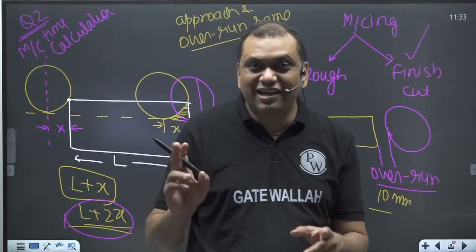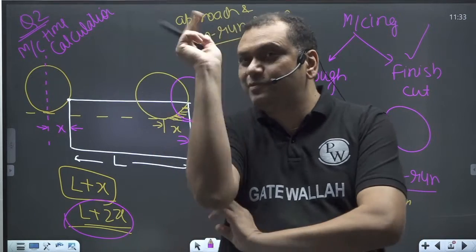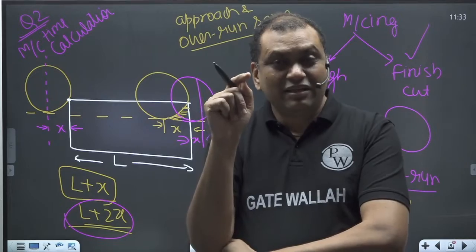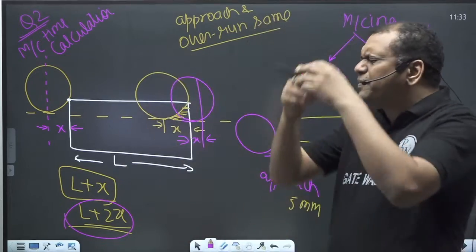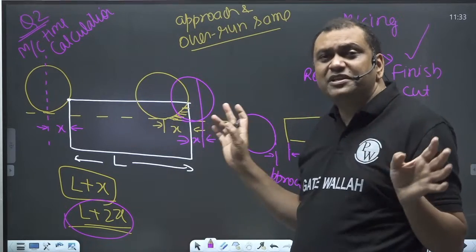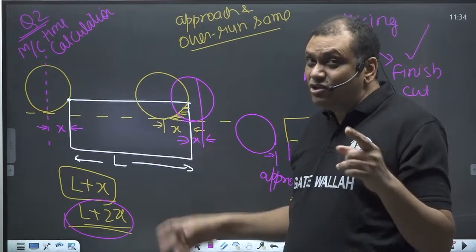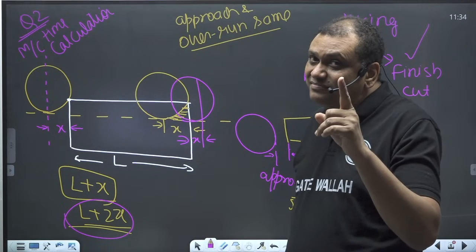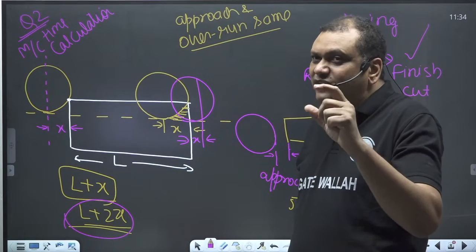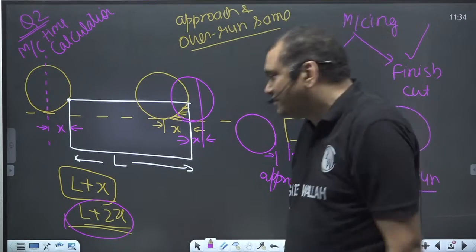So the last 5 minutes, whatever I have spoken, was a very important concept. And very frequently, practically every year, you will find questions from this. Every year. So you should not have any confusion. Now, based on whatever I was speaking in the last 5 minutes, if you have any question, put it in the chat box.